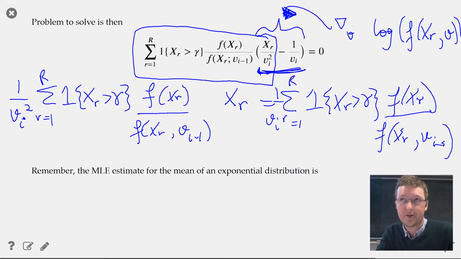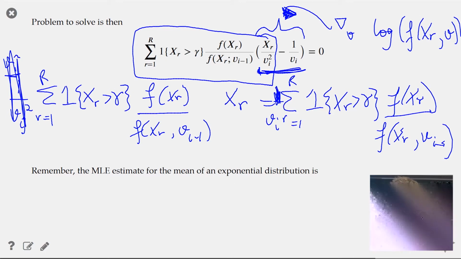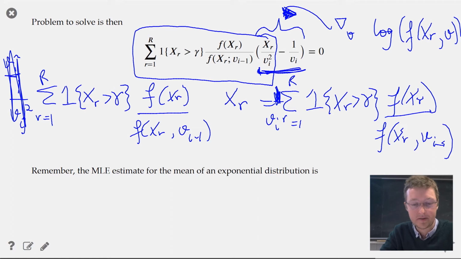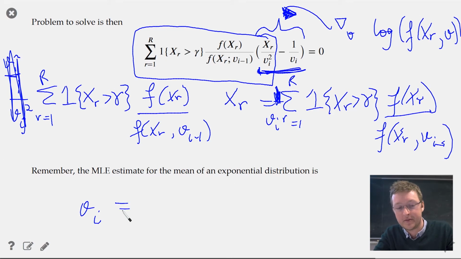So we can multiply both sides by v_i squared. So that'll cancel out over here. This 1 on v_i will turn into v_i. And then you finally get, after all this, your update is that v_i is the sum from r equals 1 to capital R.